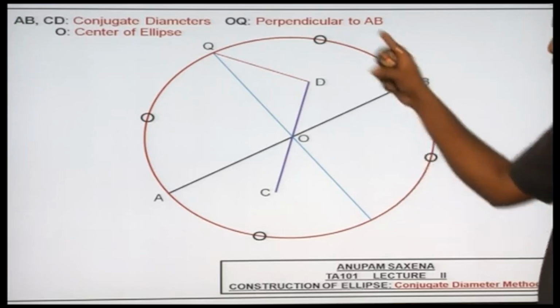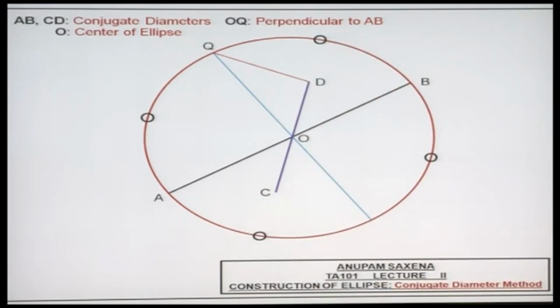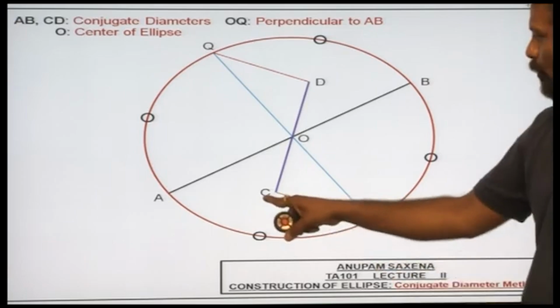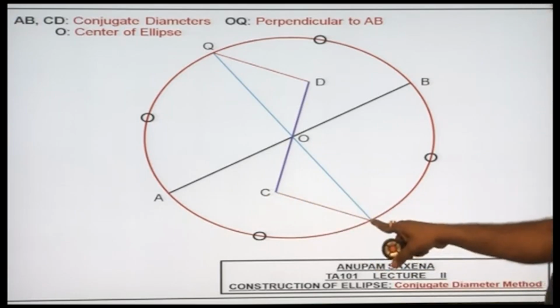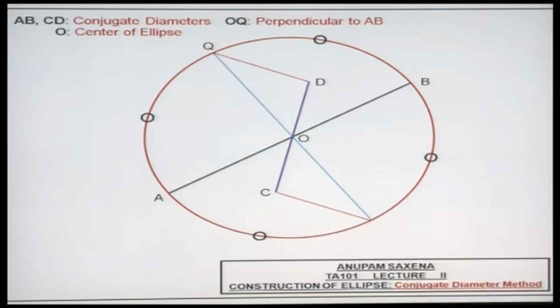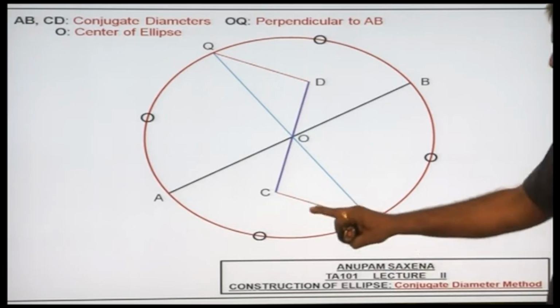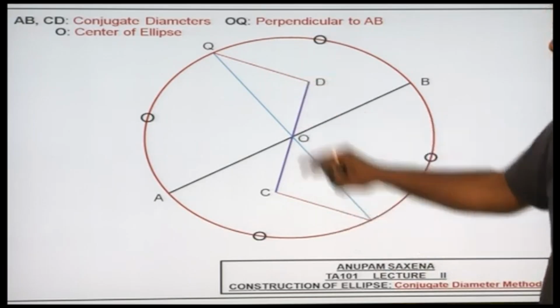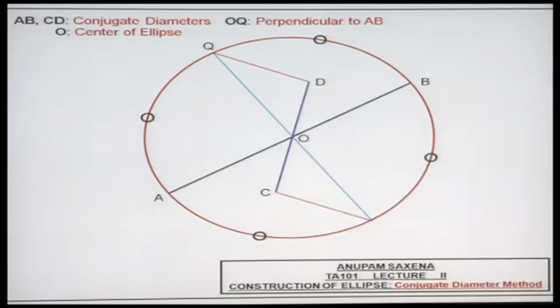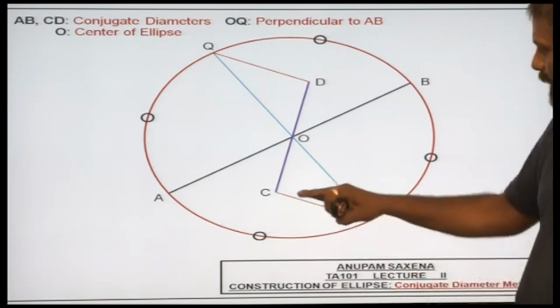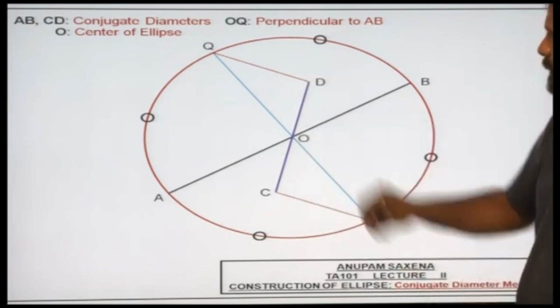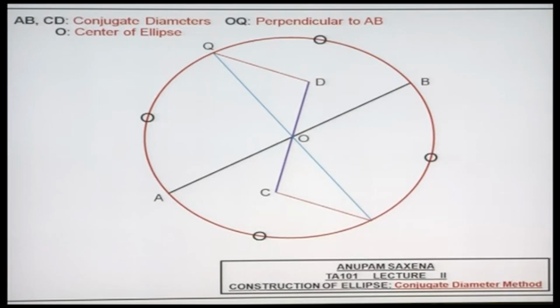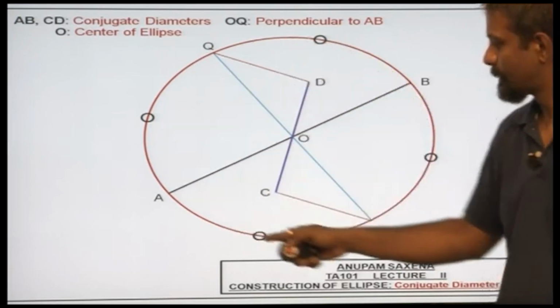Let me divide this outer circle into, say, equal number of parts. Let me also join point C with the end point over here. Now, you would see that I am using line segments with different colors just to indicate that they are parallel. So, this line segment is parallel with this line segment. Now, watch out what I am going to be doing with these points.